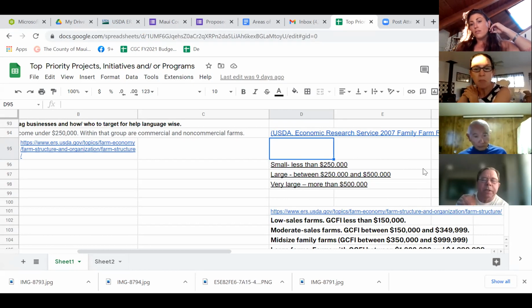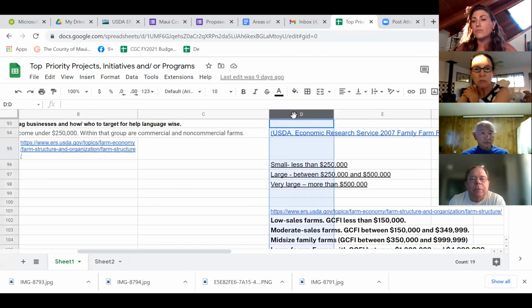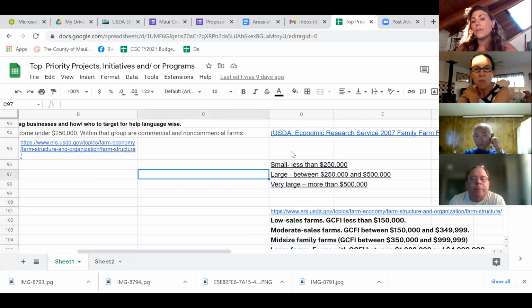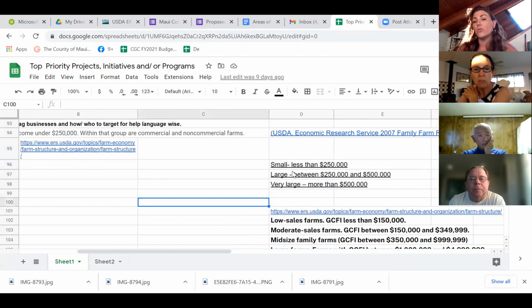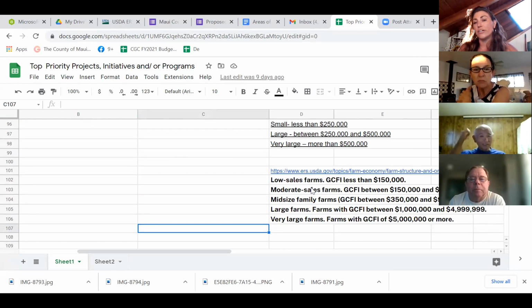I'm not understanding your question. Go with meaning what? Okay, so can you see column D where I just highlighted? Okay, right. So I put in these 2 links. These are both USDA links, but they have 2 different categories. This one just goes small, large, and very large, and this one has small, moderate, mid-size, large, and very large.